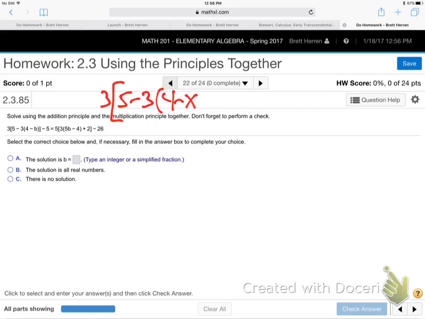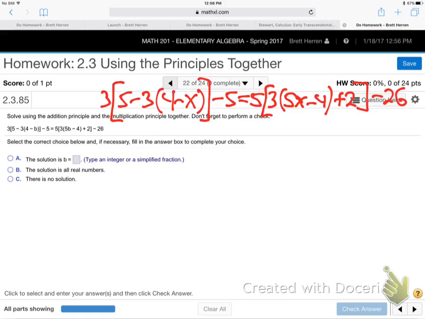I'm going to use an x instead of a B. Minus 5 equals 5, bracket 3, parenthesis, 5x minus 4 plus 2, bracket, minus 26. Wow. Look at that. That's awfully ugly.